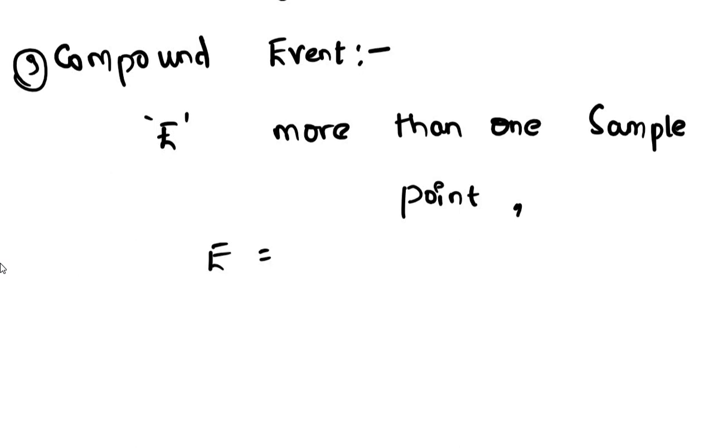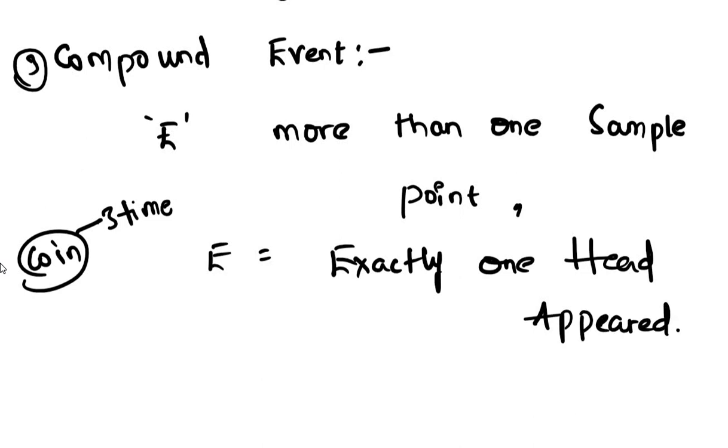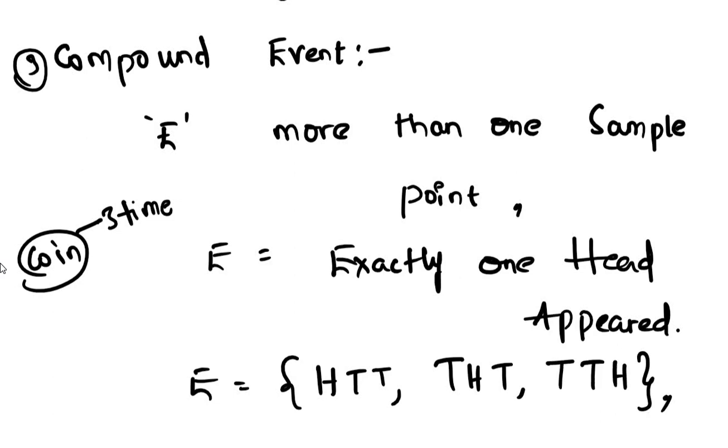For tossing a coin 3 times, let E be the event that exactly one head appeared. It can be HTT, THT, and so on. So these are the event. It has more than one sample point, that's why it is called a compound event.